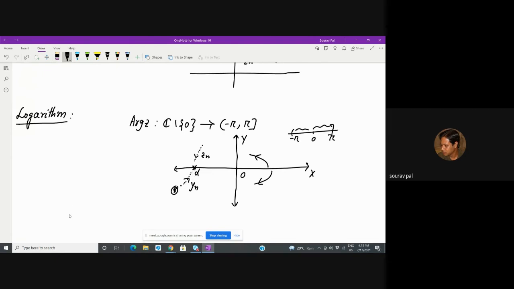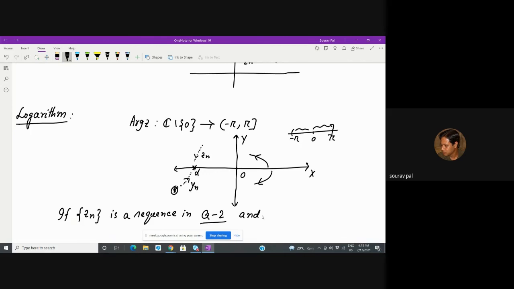If Zn is a sequence in Q2, this is quadrant 2, okay?